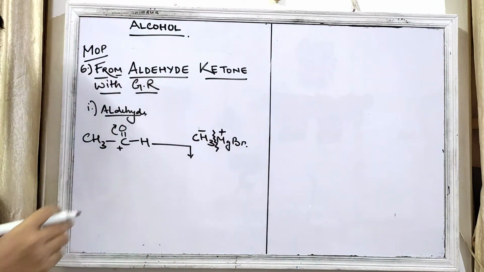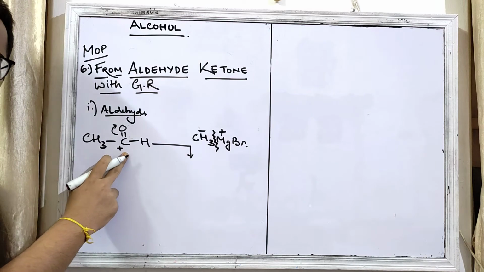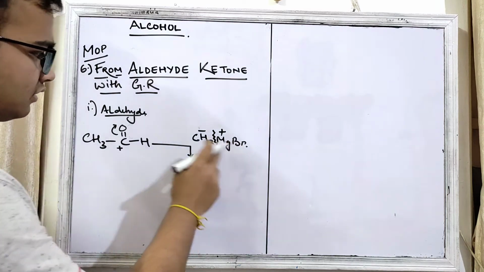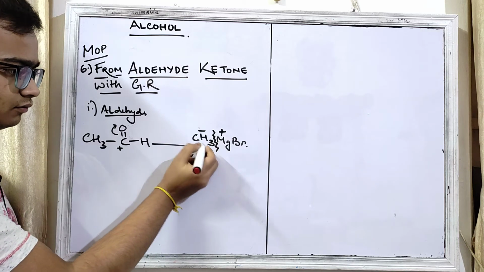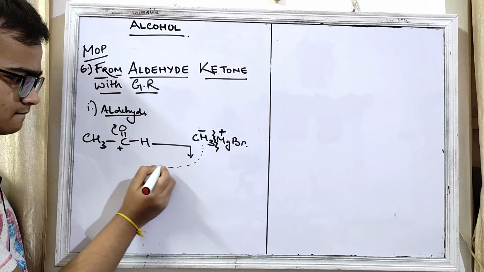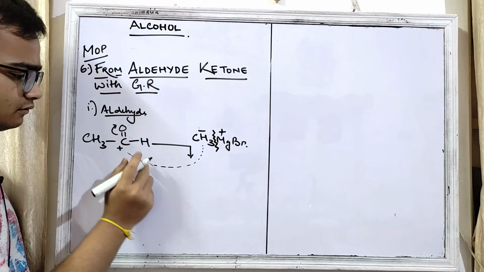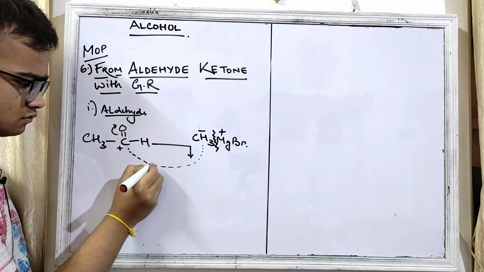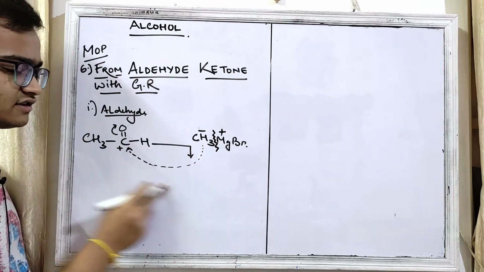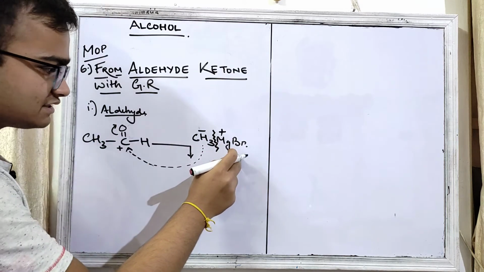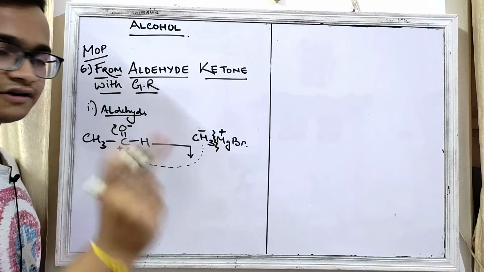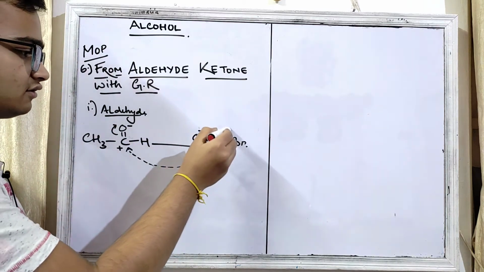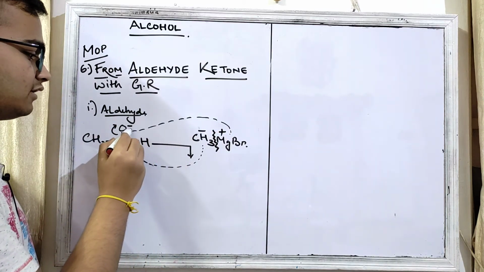When this bond is opening, a plus charge is being created over here. So as a result of this, this CH3 will attack over here. You can put an arrow, right? This CH3 is attacking over here, and this oxygen is getting the electron and so it is a negative charge, and this MgBr will attack over here.